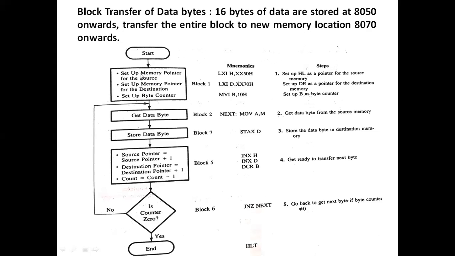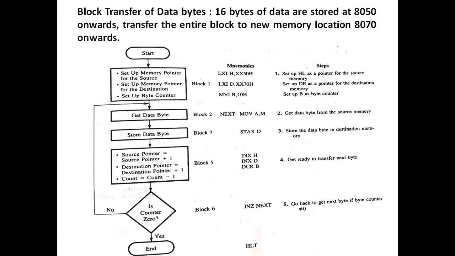Meaning that first of all, we will load a register pair with the source memory address, and then we will initialize another register pair with the destination address, that is 8070. As well, we have to set up the byte counter, meaning how many bytes have to be transferred.